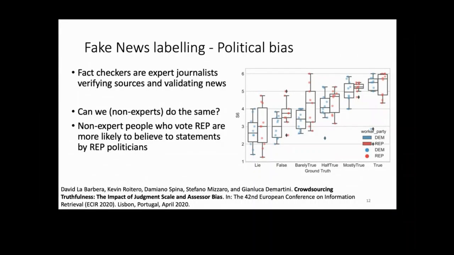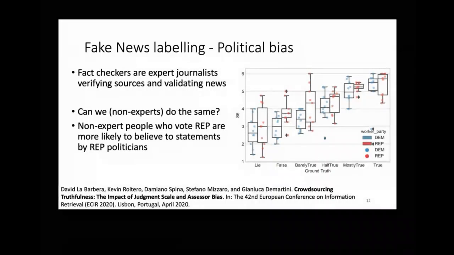And the answer is yes. But on the other hand, when we start to break down the labels we collect from the crowd, we see that there is a political bias. We have seen that if you get a crowd worker who self-reportedly voted Republican at the last election, and you show them a statement from a Republican politician, they are going to believe it significantly more than other workers.